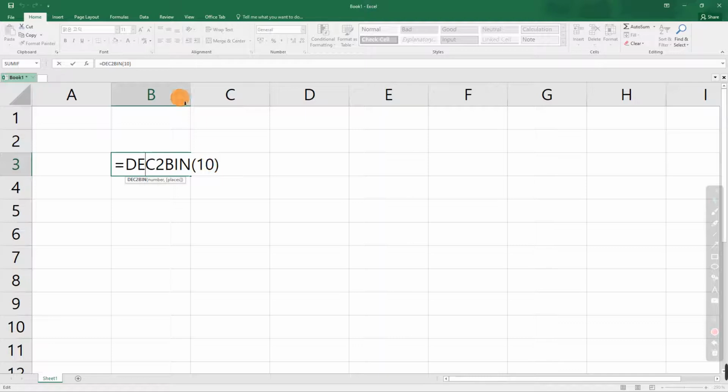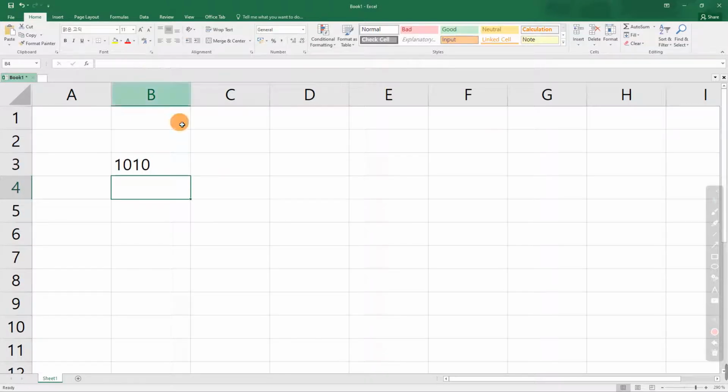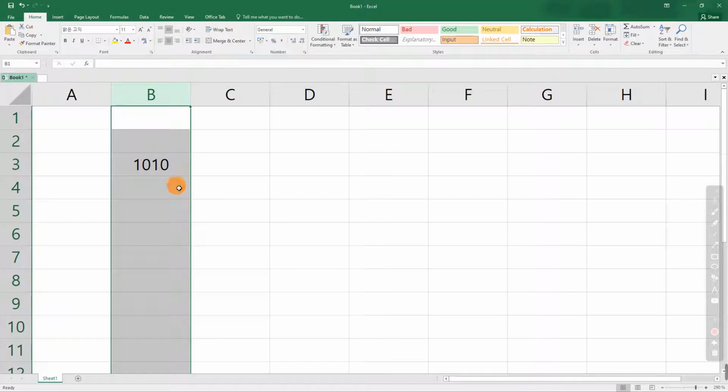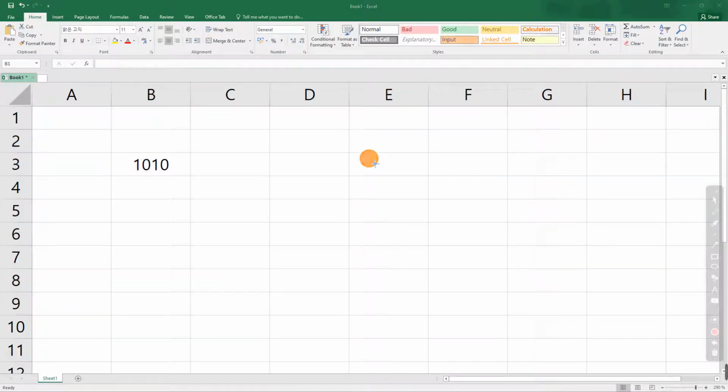So I will write it like shown here and press enter. So 10 in a binary system is written as 1010. So we can say that 10 in decimal system is equal to 1010 in binary system.